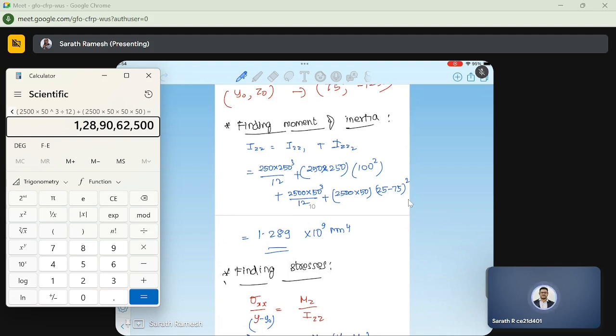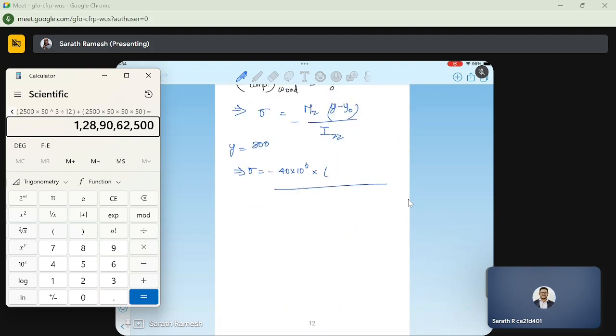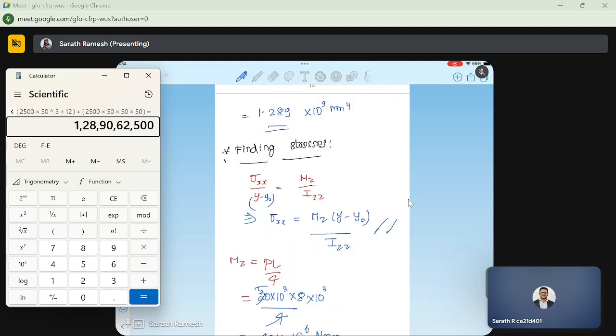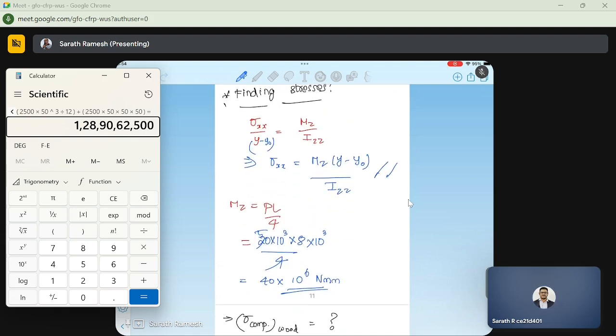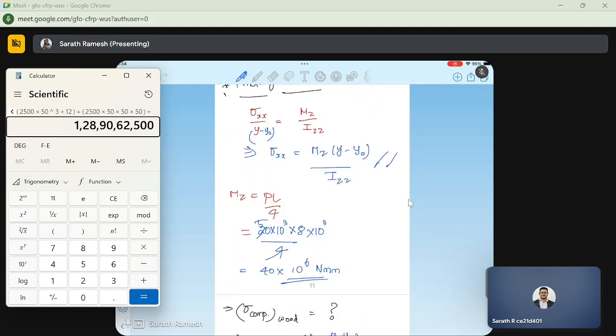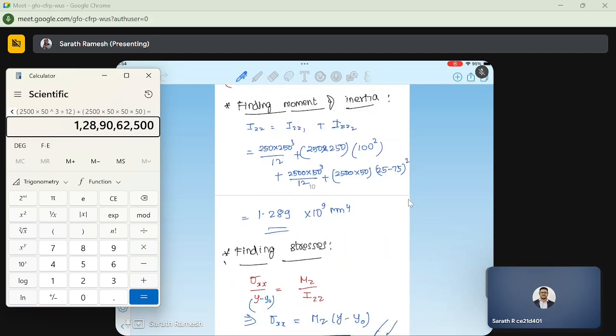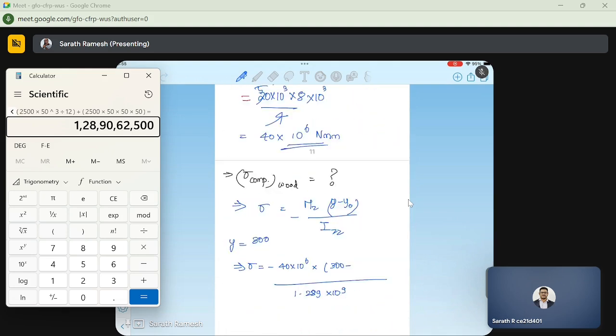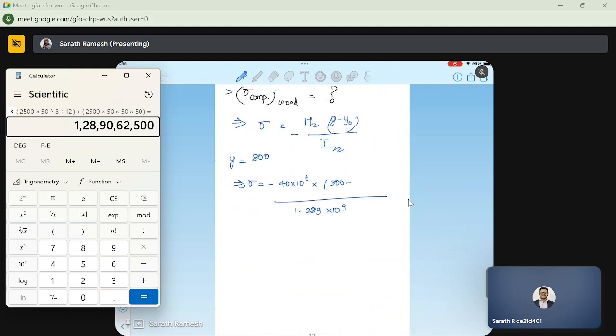Iz is 1.289 into 10 to the power 9. Y is 300 minus 75.